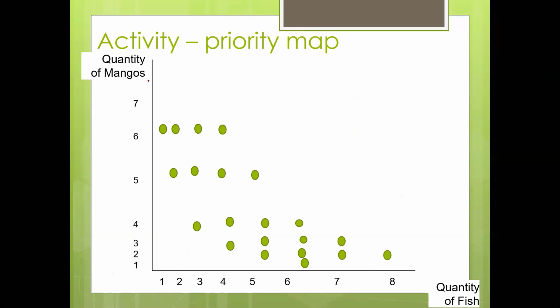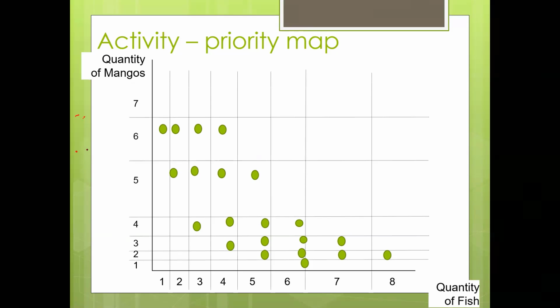So let's draw more detail on it. If we make the axis on it, you can see that each dot is a different combination. If we number them just to give some value, this is 1 plus 6 is 7, 6 plus 2 is 8, 6 plus 3 is 9, 6 plus 4 is 10, 5 plus 2 is 7, and then 4 plus 3 is 7, 3 plus 4 is 7, 2 plus 5 is 7, 6 plus 1 is 7.